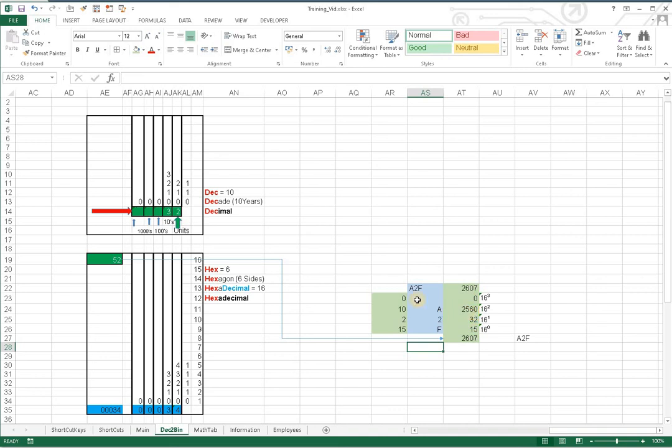And the last, in this case, the A: I have A, which is 10, times 16 to the power of 2, which comes to, in decimals, 2560. The sum of all that, 2560 plus 32 plus 15, comes to 2607. That is what we saw in the conversion from hexadecimal to decimal.